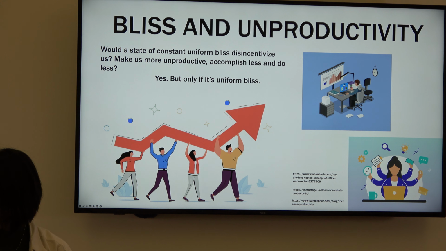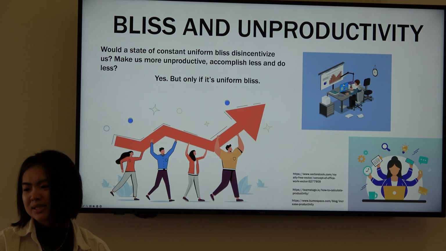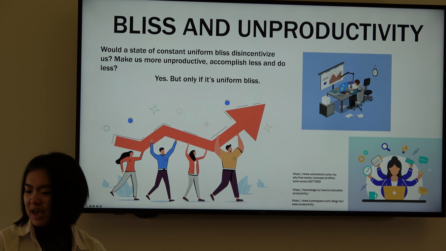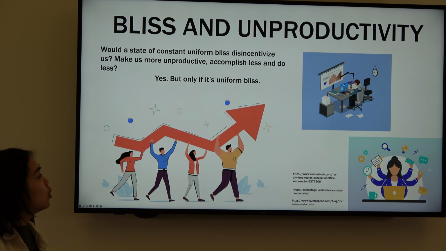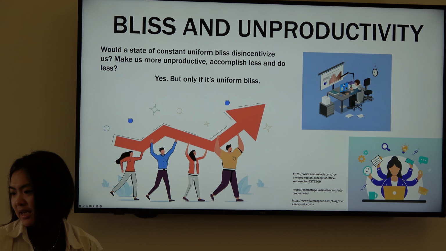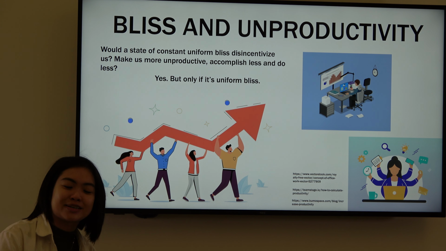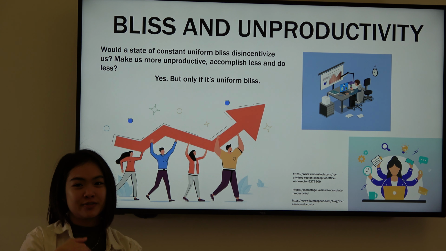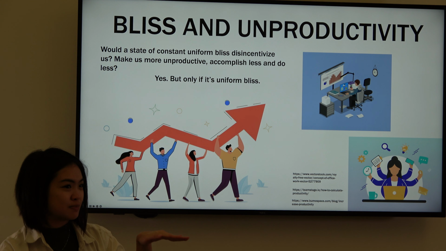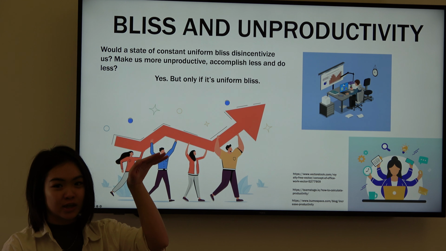And there's also bliss and unproductivity. Wouldn't a state of constant uniform bliss make us unproductive, accomplish less, do less, not motivate us? And David says yes, but only if it's uniform bliss. He talks about a gradient of bliss. And I think Kim, you made a comment about how you don't really understand how the gradient of bliss would work. So what I think he says is that, again, we set a certain base level of happiness that can fluctuate.